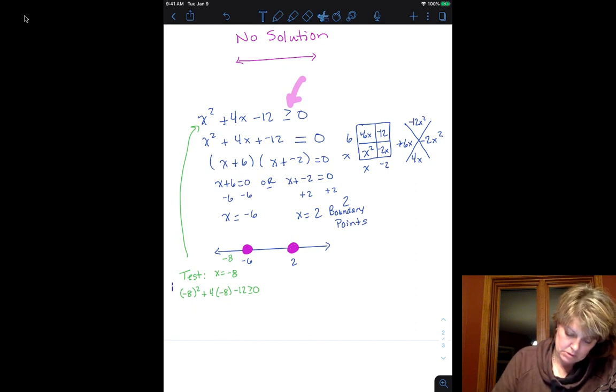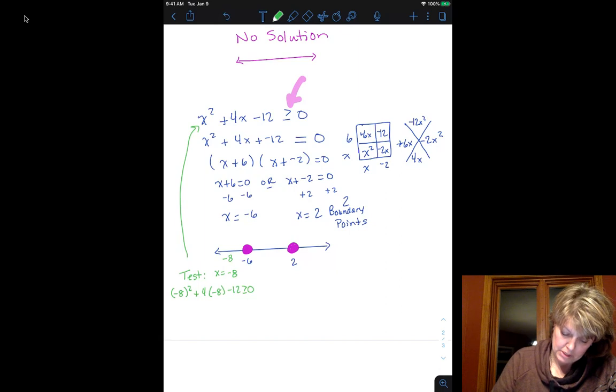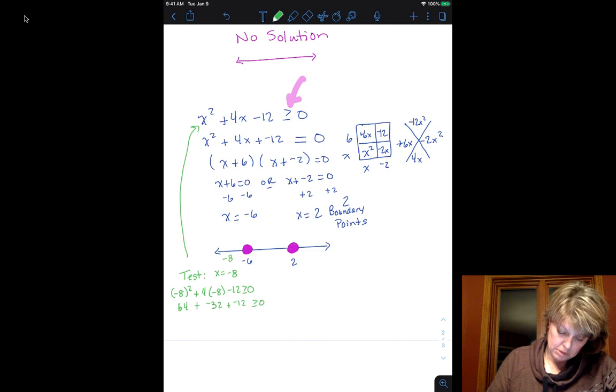I'm going to slide this over a little bit. Give myself some room. Is that a true statement? Well, we have 64 plus negative 32 plus negative 12 greater than or equal to 0. Is that true or false? Well, that's 32 plus negative 12, and that's 20.